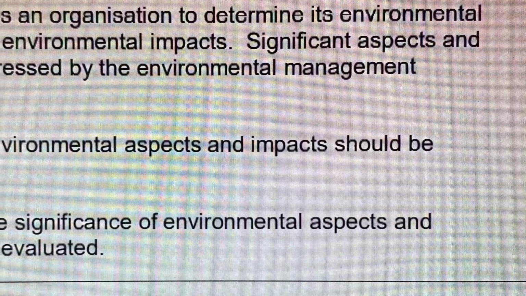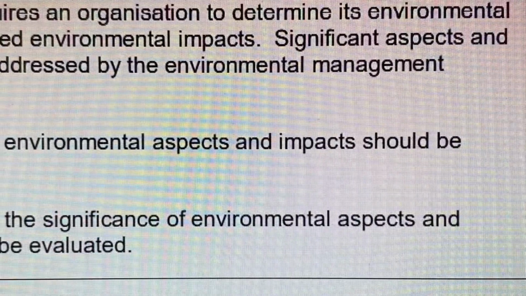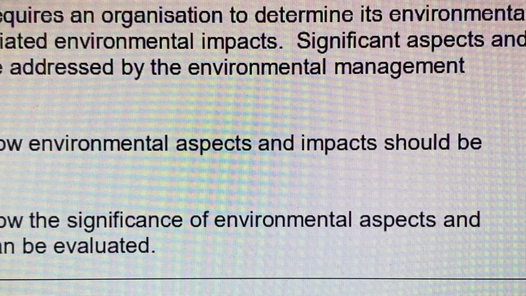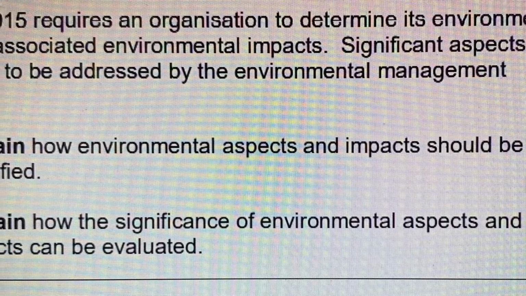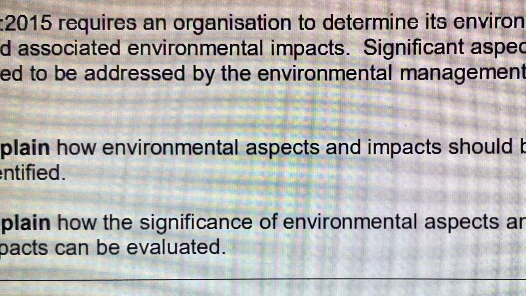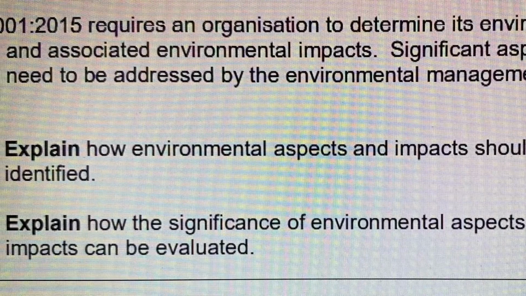A company which transports material will have an aspect of generation of exhaust emissions and harmful gases, and the impacts will be air pollution, emission of gases from its stacks, etc.